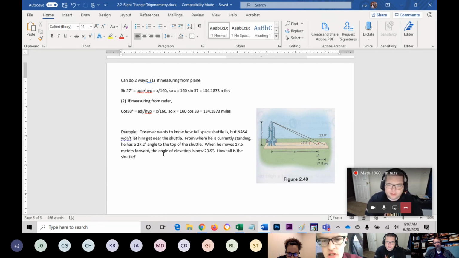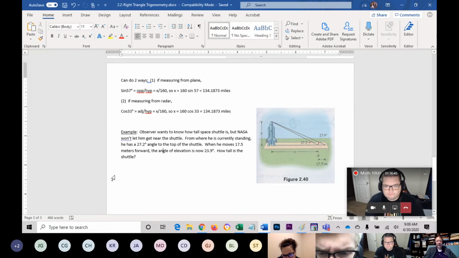See, one thing I noticed is that the difference between the two angles, the 27.2 and the 23.9 degrees, is a difference of 3.3 degrees. I think your math was off, but I don't think you want to worry about those two distances. Okay. But let's talk our way through this, okay?